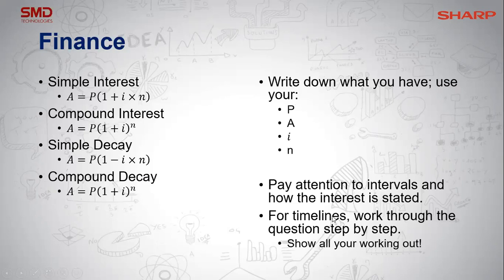Okay, and then remember for timelines to work through the questions step by step. And as you're working through the information that they've given you, write it all down on your timeline as you go. Okay, so sort of draw your timeline in and then say, okay, I initially invested so much, and then at the end I had so much, but I got this interest rate here, and this took me how long here?